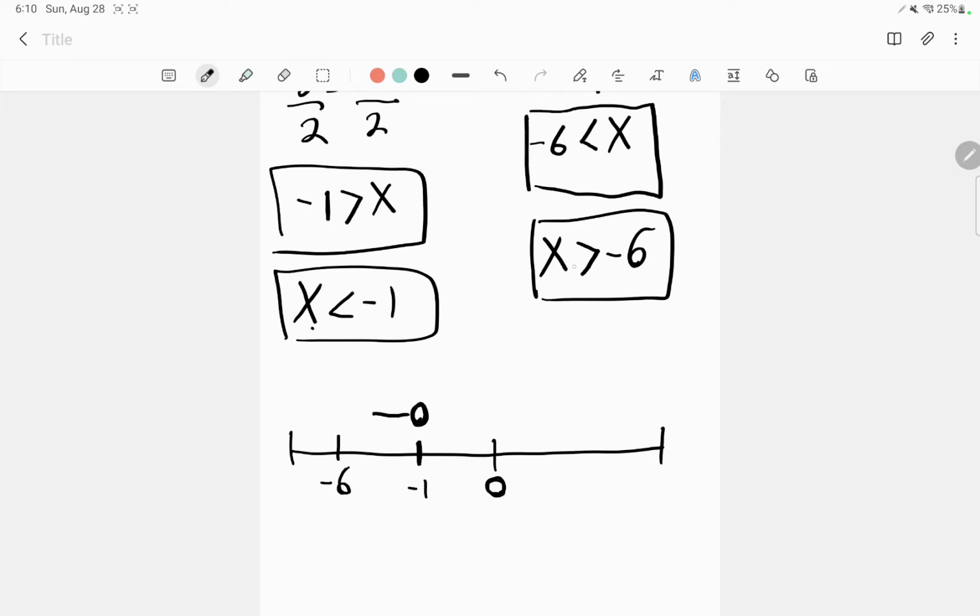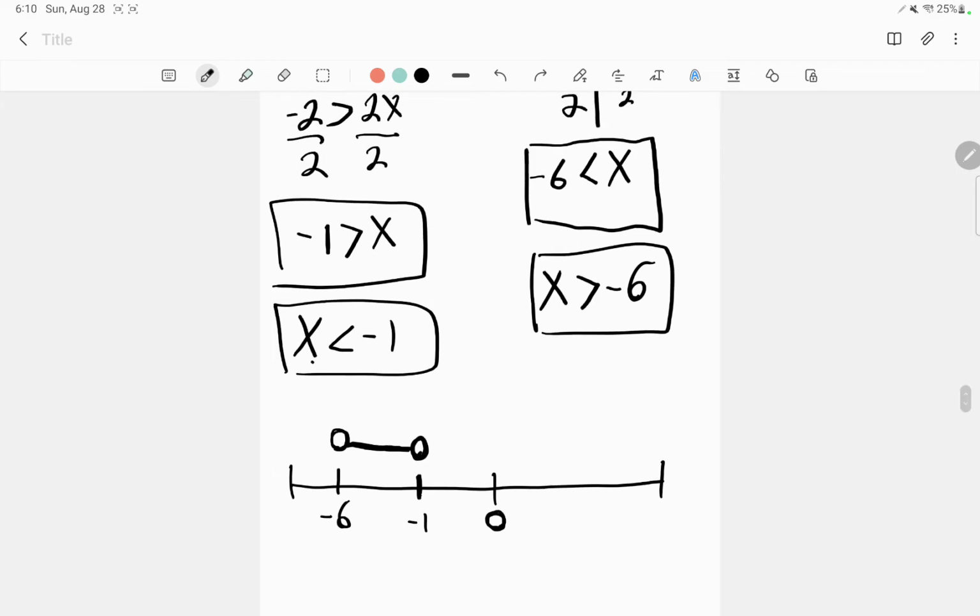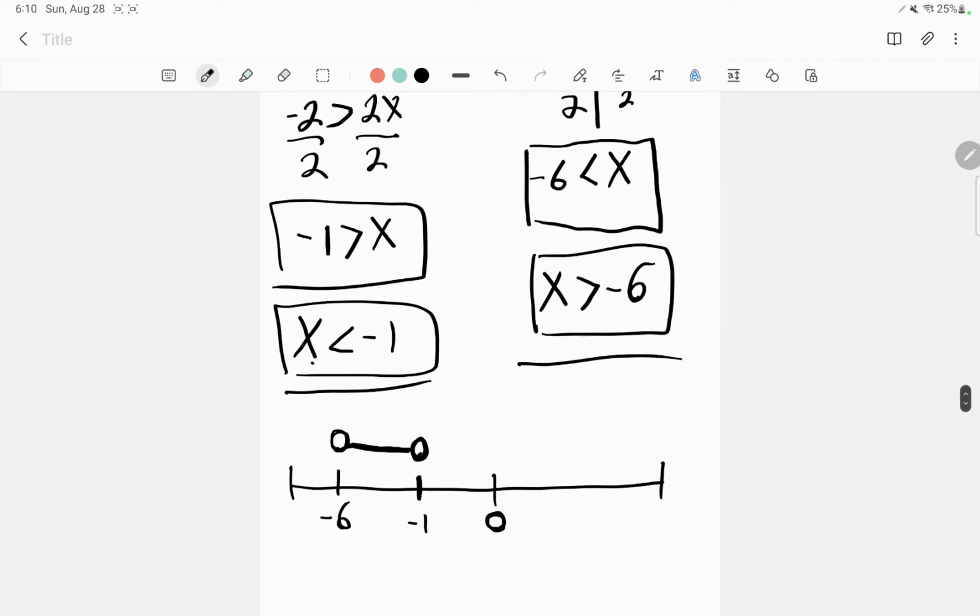Now I'm going to look at my other one. X is greater than negative 6. So over here, open circle again. And I'm going to go over here on this side. Now, you notice how I didn't keep going, right? I could have actually kept going this way. But whenever it comes to inequalities like this, both of your answers have to be true.